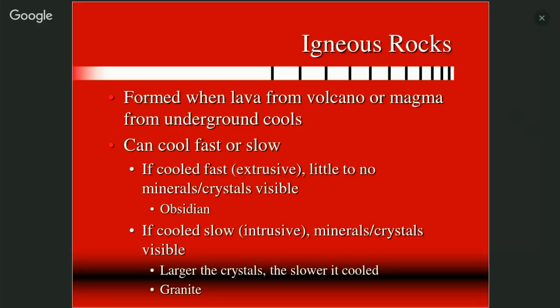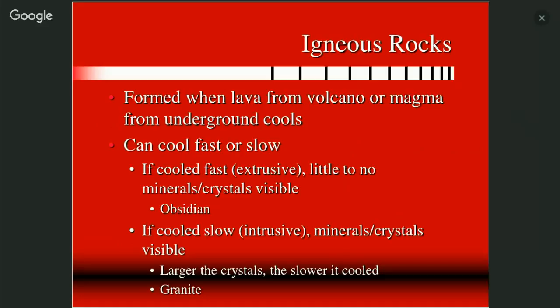Igneous rocks are formed when you have either lava above ground cooling or magma below the ground cooling. That's the only difference between lava and magma. Lava is found above ground, magma is found below ground. It's basically molten rock or melted rock. The only difference, like I said, is just where they're located.